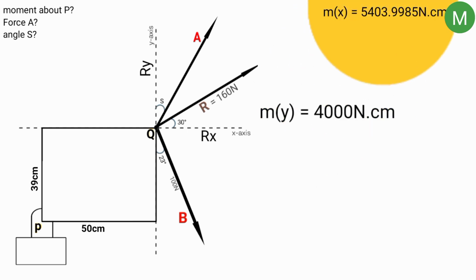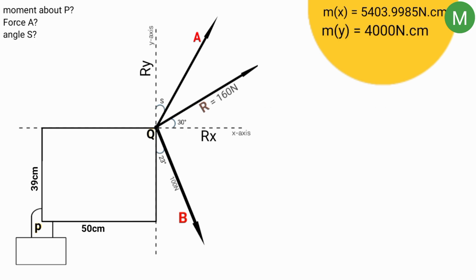And we have moment of x here to be 5403.9985 Newton centimeters. Now the total moment caused by the two forces at point P is the summation of moment of x and moment of y.